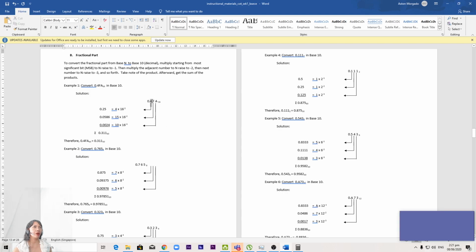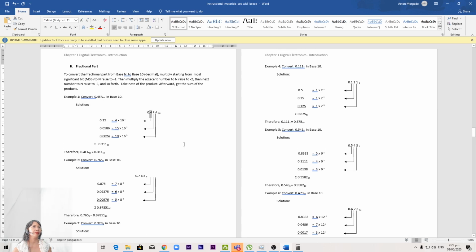This is our most significant bit, the one that is right after the dot, 0 point. We're still multiplying, but we start with the most significant bit.